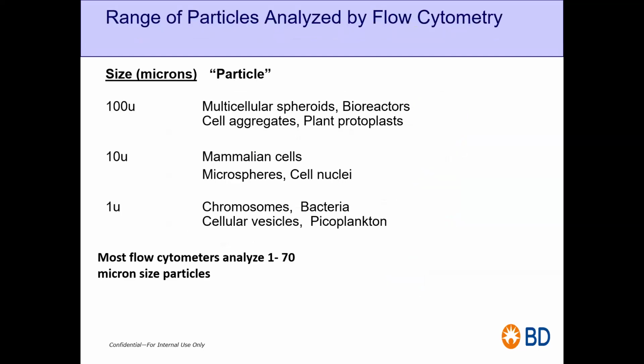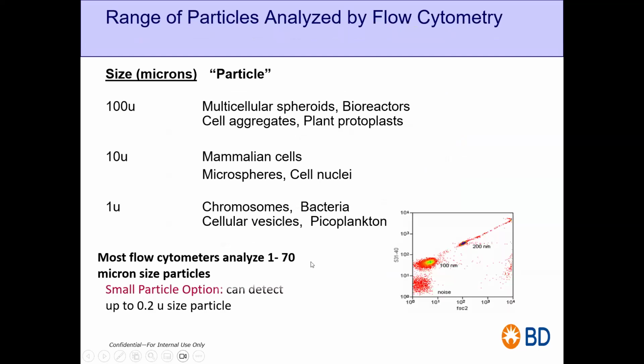And what's the range of particle you can detect in a flow cytometer? It goes from 1 micrometer to 100 micrometer, but generally most flow cytometers detect a size of 1 to 70. You can also detect the absolute size, but when it comes to absolute count or absolute value, they need something which we call beads.